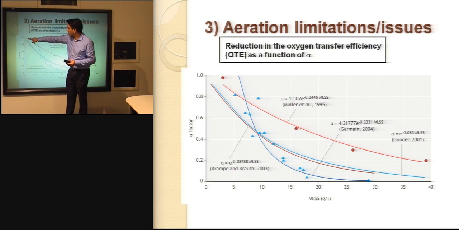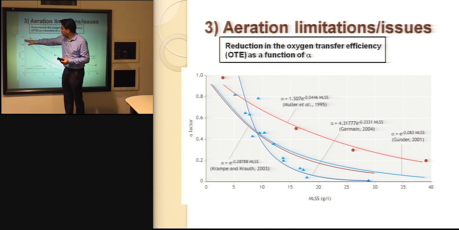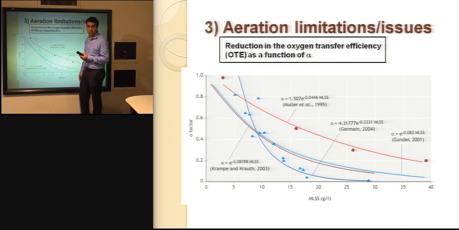So for a system with a very low concentration of solids, for example up to 5 grams per liter, which is also equivalent to 5 kilograms of total suspended solids per cubic meter, we have an oxygen transfer efficiency of more than 80%.